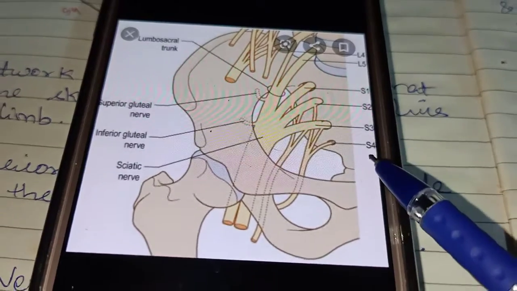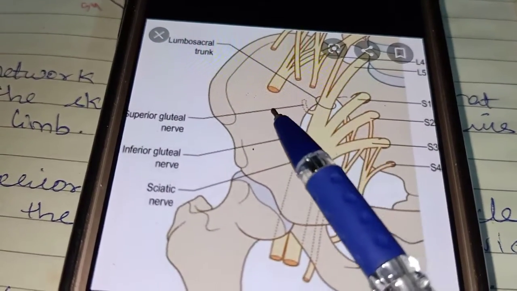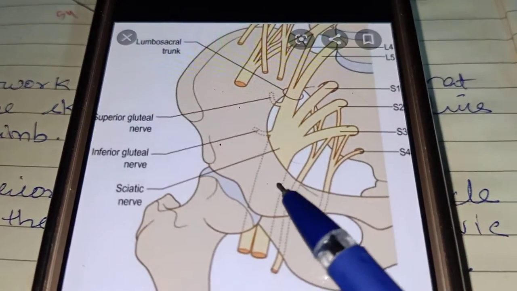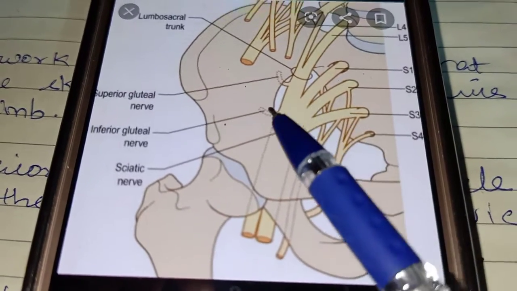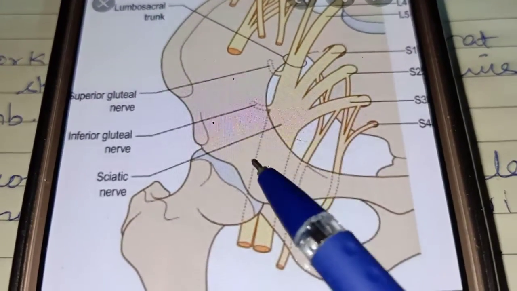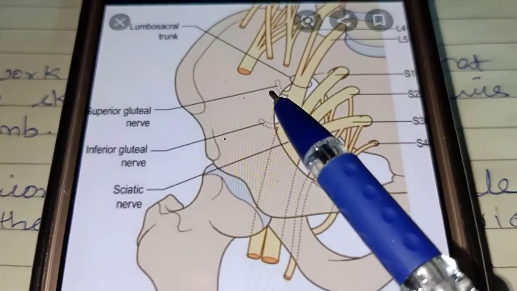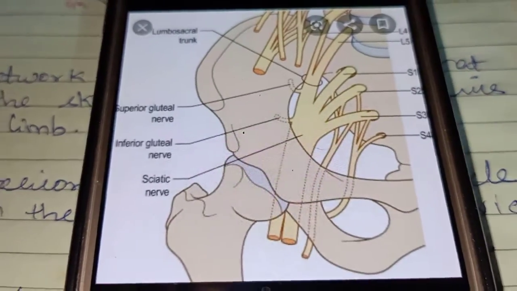This is forming the plexus. So there is superior gluteal nerve, inferior gluteal nerve and the sciatic nerve. This is a very, very important nerve. This is the largest nerve of the body.